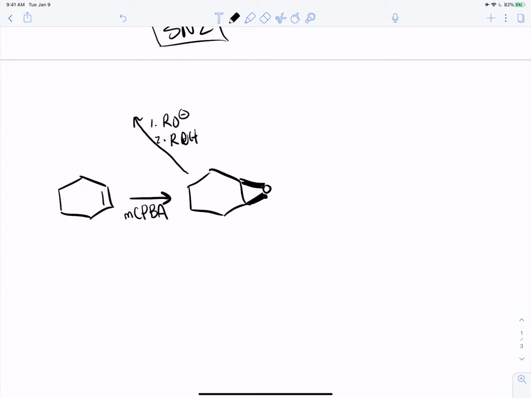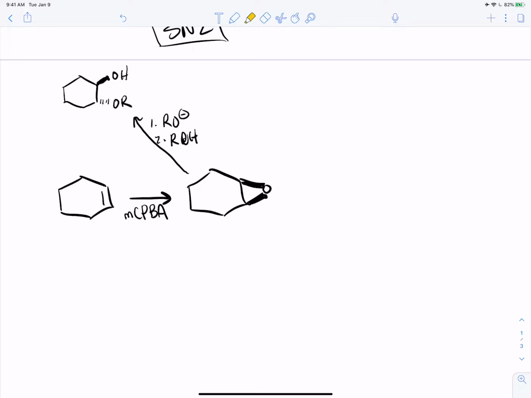But if I take an alkoxide and then work it up with the alcohol, what do I get out of this? I'll get an alcohol on one side, and on the other side, I'll get the ether.